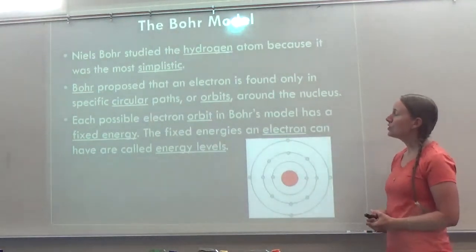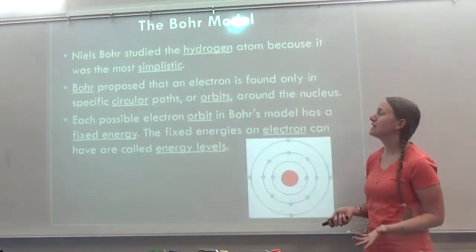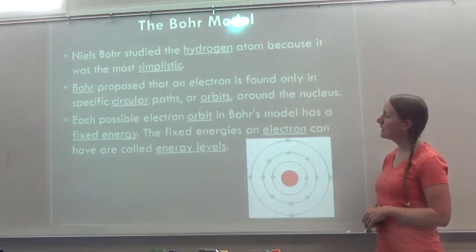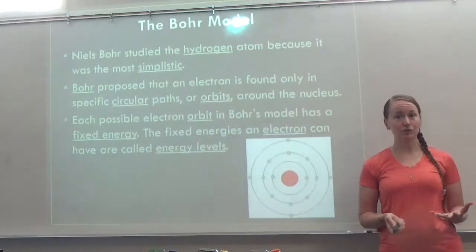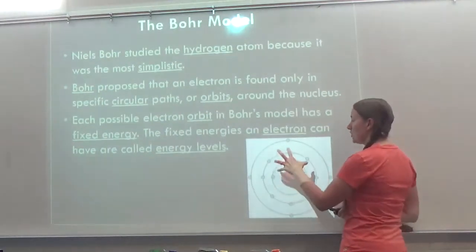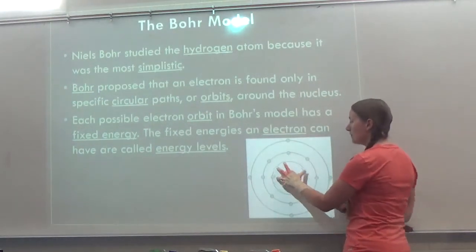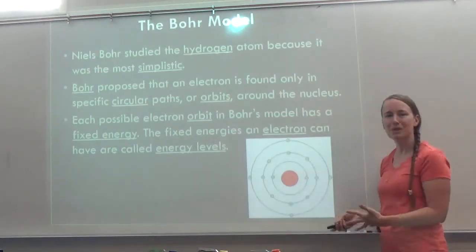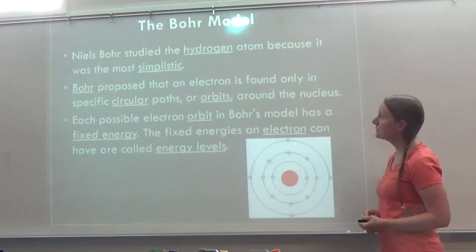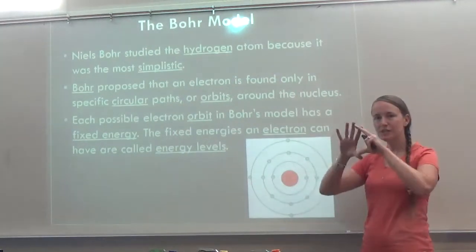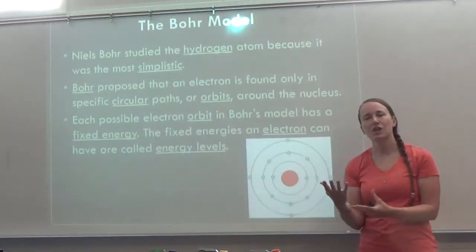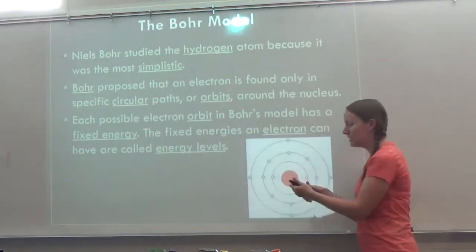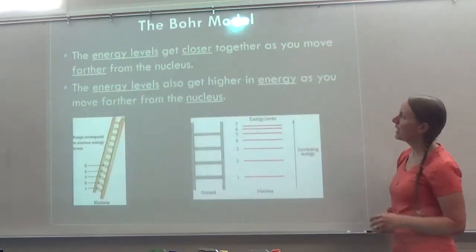Each possible electron orbit in Bohr's model has a fixed energy, and the fixed energies an electron can have are called energy levels. So he determined that electrons can exist right here in the first energy level, in the second, and the third, but they can't exist in the middle or outside of one of the energy levels. And keep in mind that this is all 3D space. That's why sometimes it's called an electron shell. It's a 3D type orbiting path.